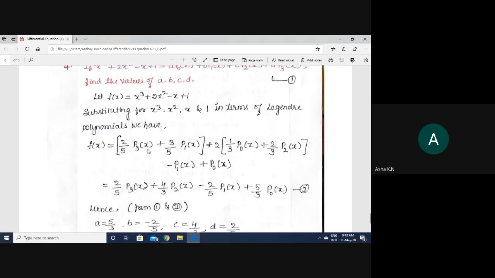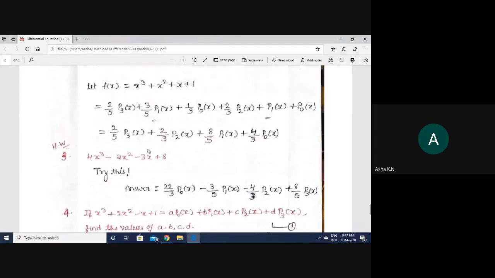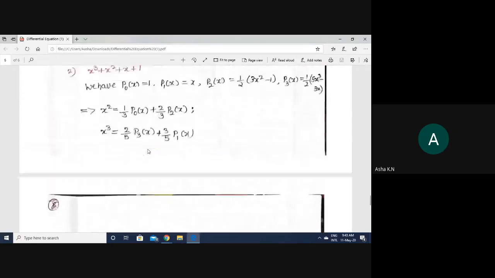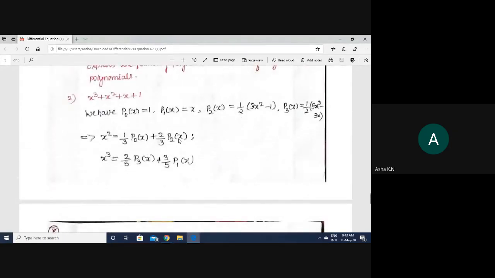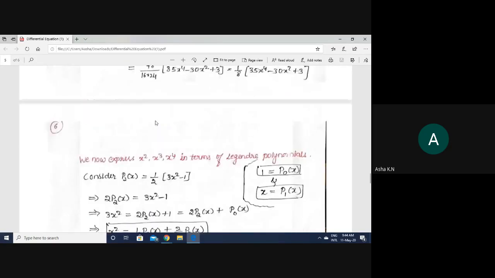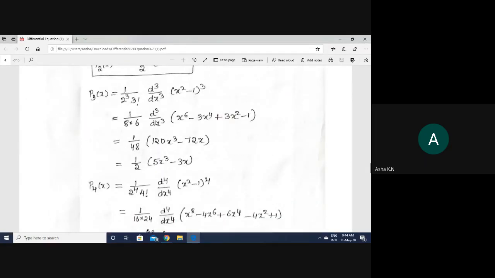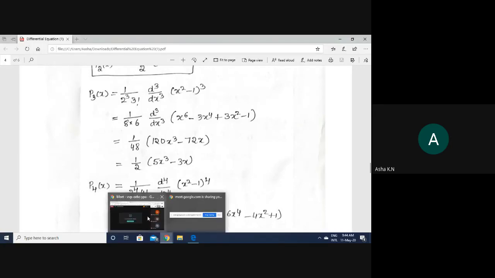Only thing is remembering these expressions for P0, P1, P2 and all that is important. Or again, don't have to worry too much. If you feel that, okay, who will remember, go for Rodrigue's formula, derive the expressions and then do. Okay. So this is how you have to do the problems on Rodrigue's formula.